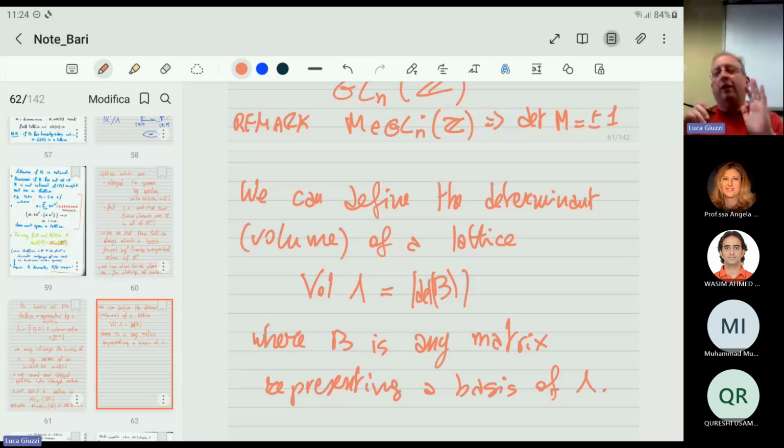I mean, we can do that for a basis in Rn if we want, but we cannot associate these to the geometric object we have, because as soon as we change basis in Rn, we also change this determinant. They are non-zero factors, whereas in a lattice, we are sure that nothing is going to change.